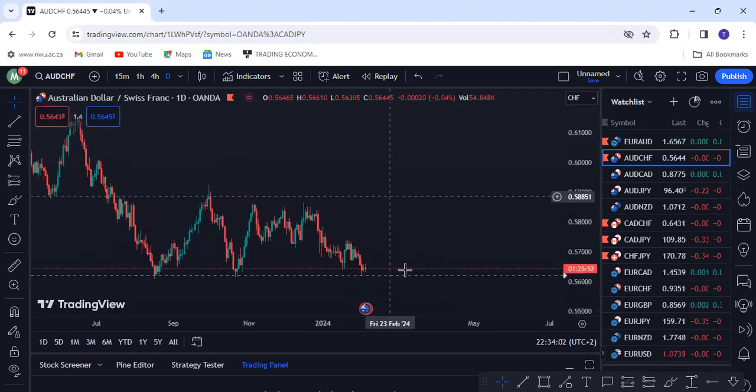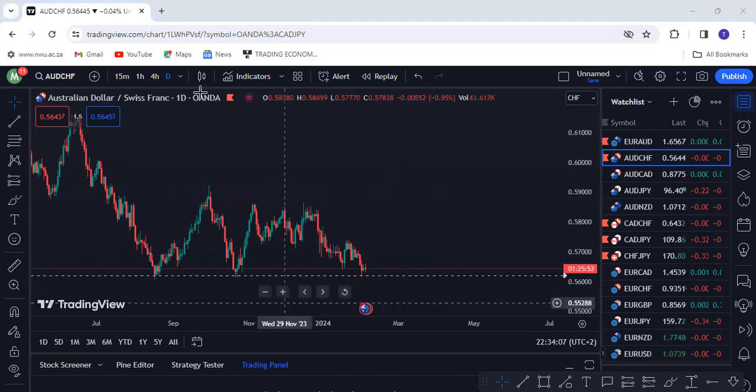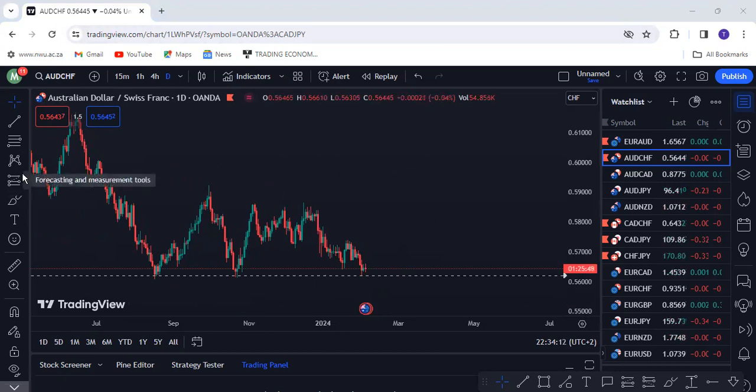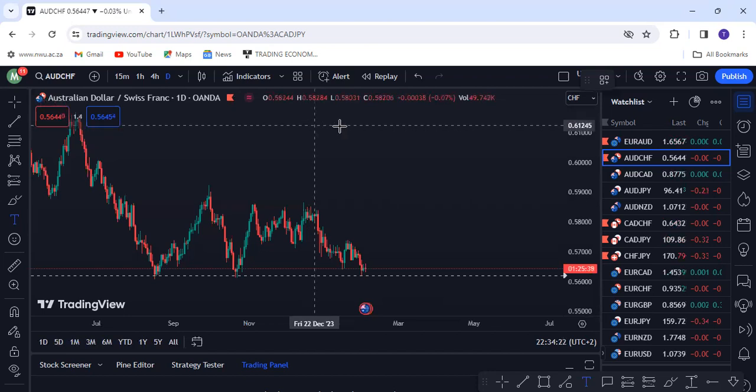So what are we looking at? We're looking at the Australian dollar Swiss franc, and what we know is that inflation is slowly coming down for the Australian dollar.